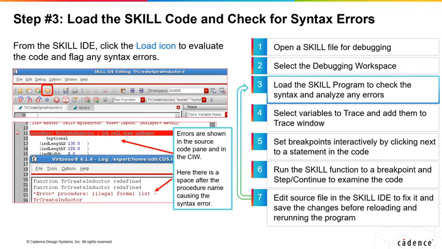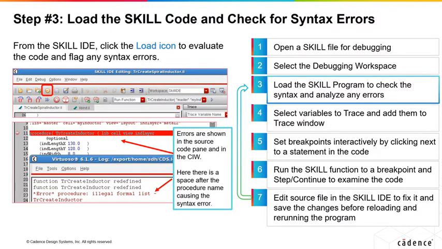What will happen then is if we do have some sort of a syntax error, we'll see it noted typically in the command interpreter window. In this case, our procedure definition has an extra white space, so we get information that we have an illegal formal list. It will also be highlighted typically in the Skill IDE source code pane, so you'll have 2 points at which to look at it.